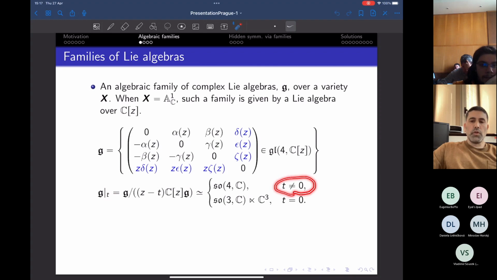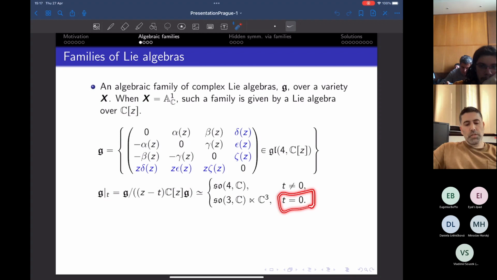If the complex number is non-zero, this is the generic case, you get a copy of the complex SO4C, skew symmetric 4x4 complex matrices.